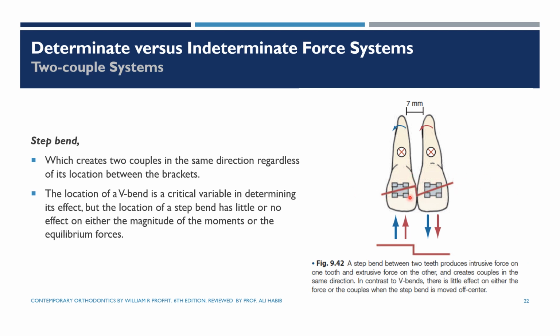So when we insert it in the bracket, this will create an intrusive force on the anterior and an extrusive force on the posterior teeth. The step is as critical as the V-bend? No. The position is not that critical. What is critical is the height of the step.